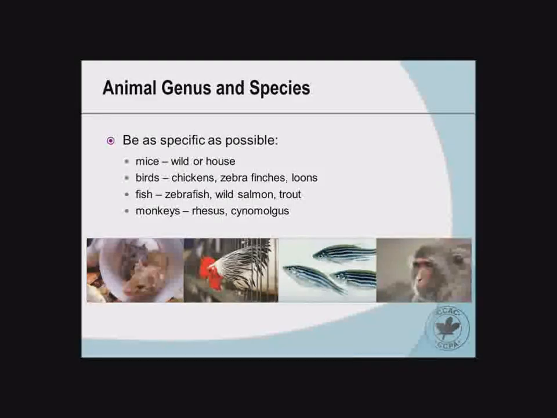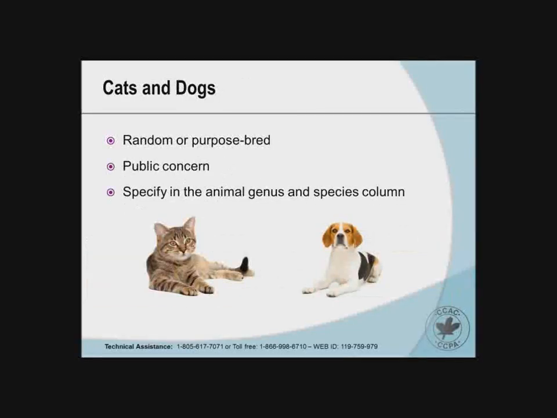Okay, so when you do go and check it out, you'll see that there's considerable detail in the Excel file that we've posted, and that requires the data being input to be accurate, and I'll show you a picture of that in a minute. But first I just wanted to mention protocols involving the use of cats and or dogs.